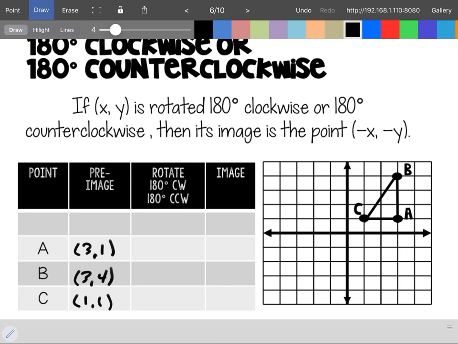And now this time we're going to use a different rule. So we're doing a 180-degree rotation. Well, with 180 degrees it doesn't really matter if you go clockwise or counterclockwise. You're going to end up in the same spot. So the rule for this one, if you can see it there, is the point (x, y) is going to go to the point (negative x, negative y).